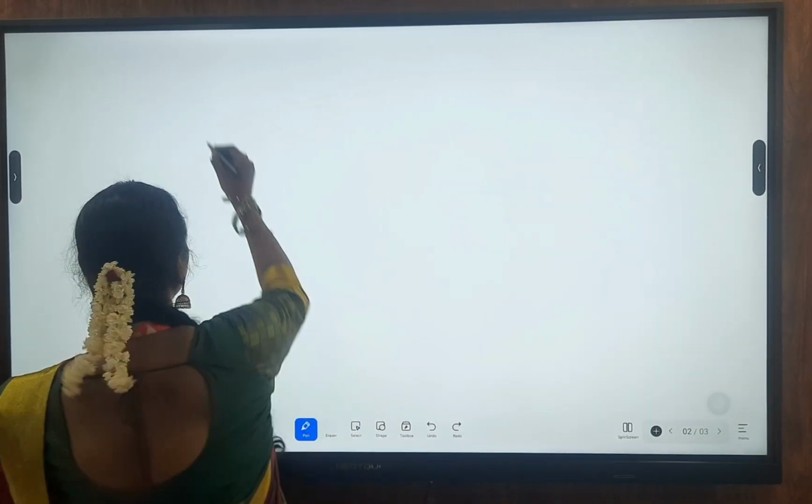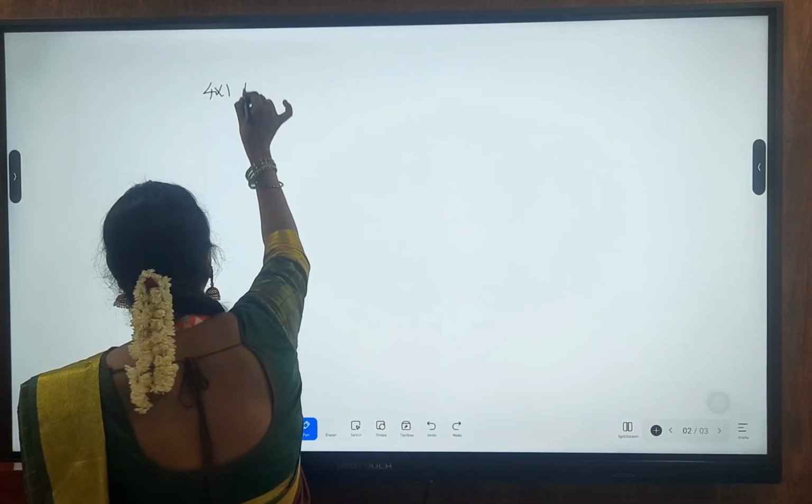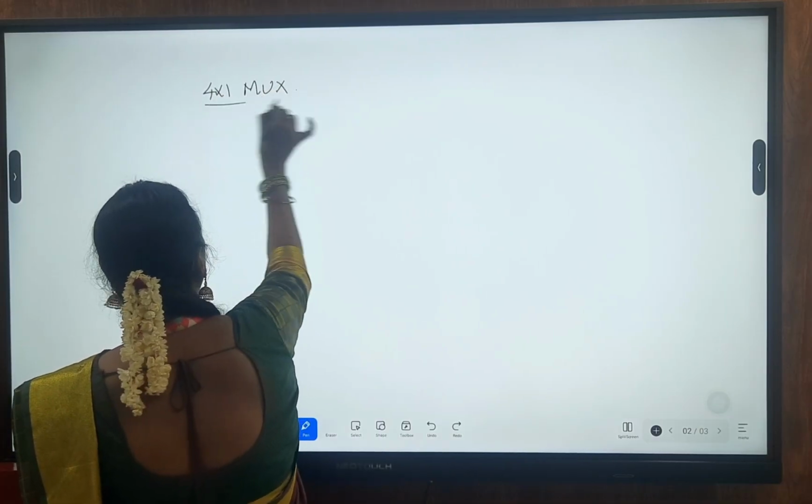Next one is a 4x1 multiplexer. It has 4 inputs and 1 output.